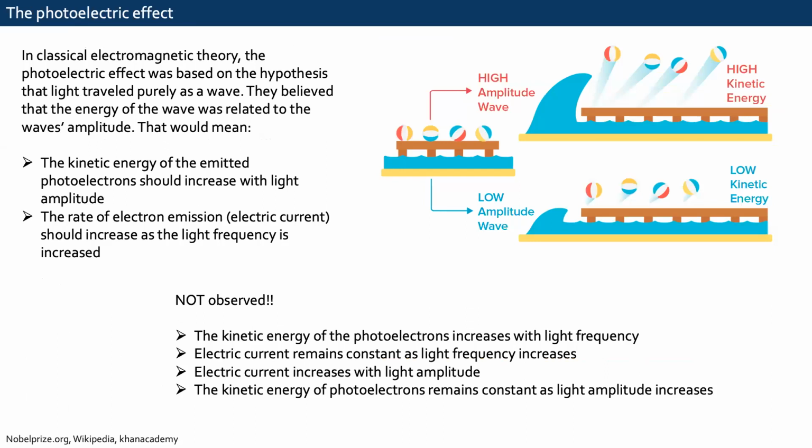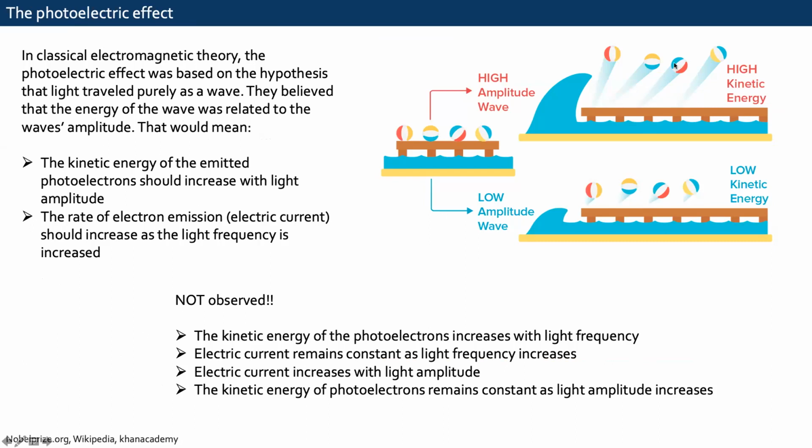And so what is the photoelectric effect? In classical electromagnetic theory, the photoelectric effect was based on the hypothesis that light traveled purely as a wave. And so they believed that the energy of the wave was related to the wave's amplitude. And that would mean that the kinetic energy of the emitted photoelectrons should increase with light amplitude.